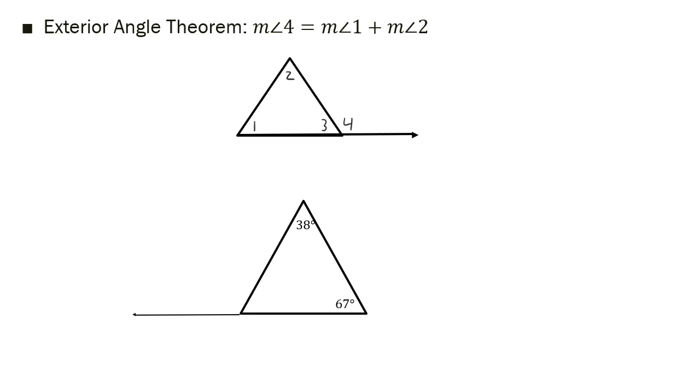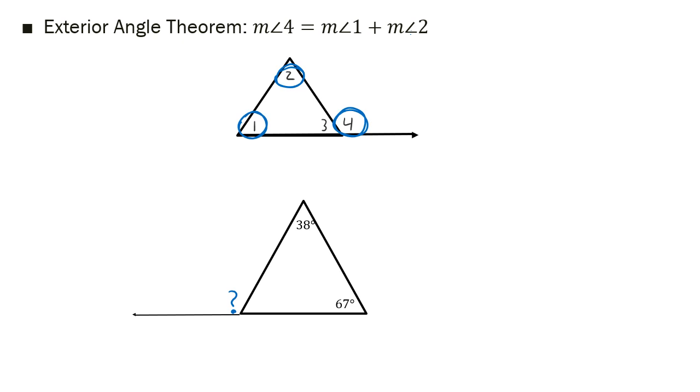Exterior angle theorem is basically telling you you have these two remote interior angles, which is angle 2 and angle 1. You can add them together, and it will equal the angle that's outside of the triangle. So what does that look like? Let's say down here I'm trying to find this exterior angle where I drew the question mark.